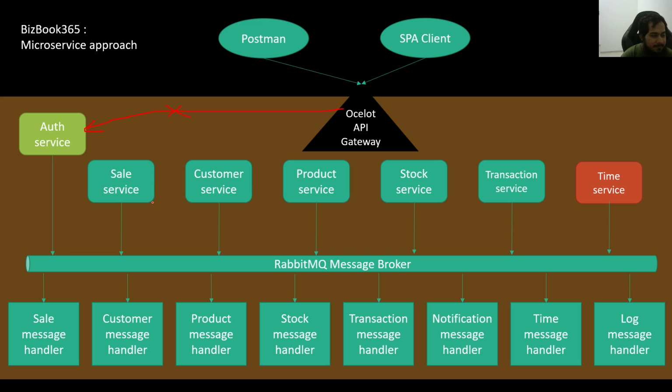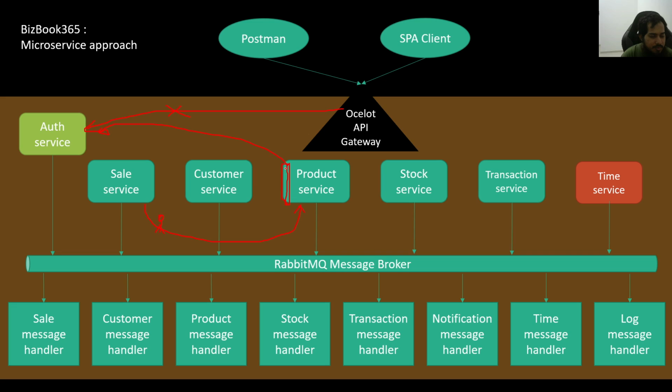But the bad thing is that, again depending on the client's need, or the system's need, if we want to call any service from another service directly, then we should have some mechanism here which actually calls the auth server again to assess whether the user of this sales service, which is actually calling, has the permission to call the product service as well or not.